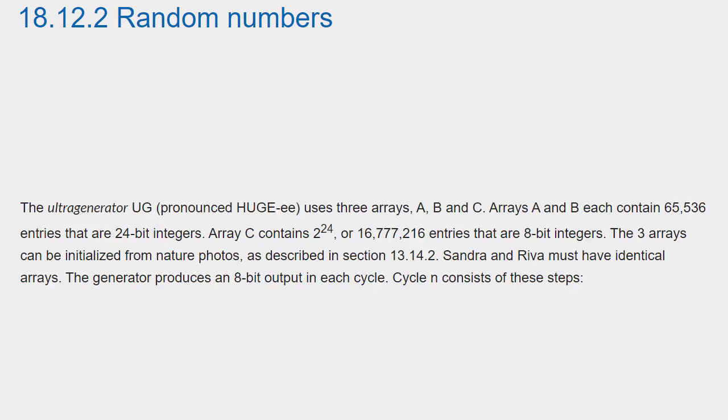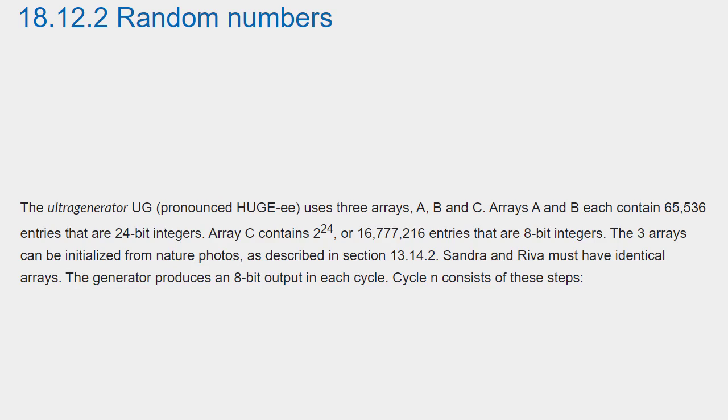The ultra generator UG, pronounced HUG, uses three arrays, A, B and C. Arrays A and B each contain 65,536 entries that are 24-bit integers. Array C contains 2 to the power 24, or 16,777,216 entries that are 8-bit integers.